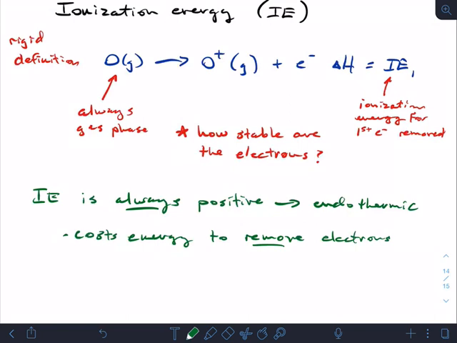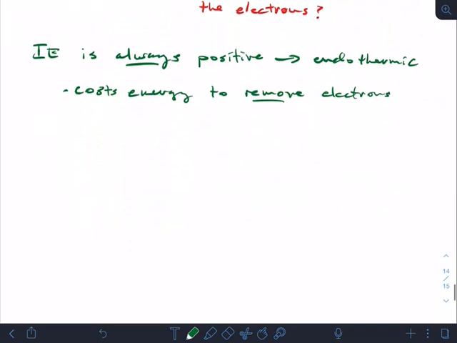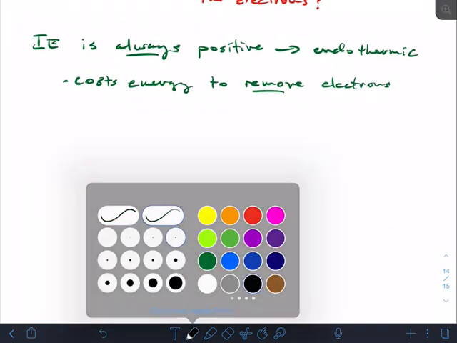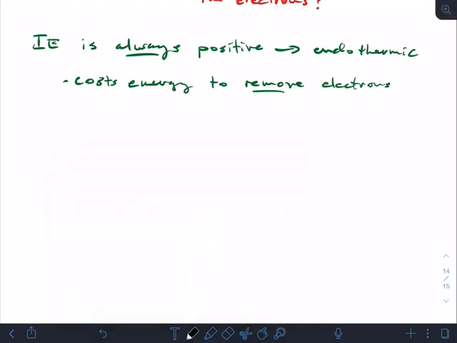Ionization energies will always be positive, always endothermic. Now, what we're going to find is that some ionization energies are lower, meaning that it doesn't take very much energy to pull something off, versus other ionization energies that are much, much higher, which means that it costs a lot of energy to pull something off.